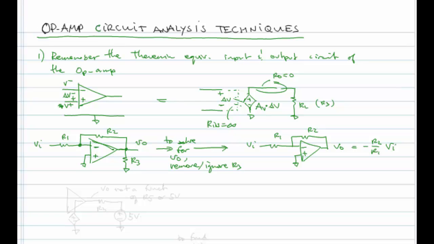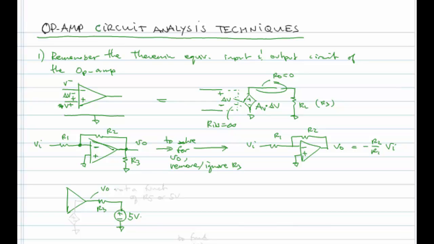So don't let some impedance, whether it's resistance, a capacitor, an inductor, hanging at the output cause you to think that the output voltage will be affected. Here's another example. If I had some op-amp and now I had this connected to, say, some voltage, 5 volts, and you ask for VO.